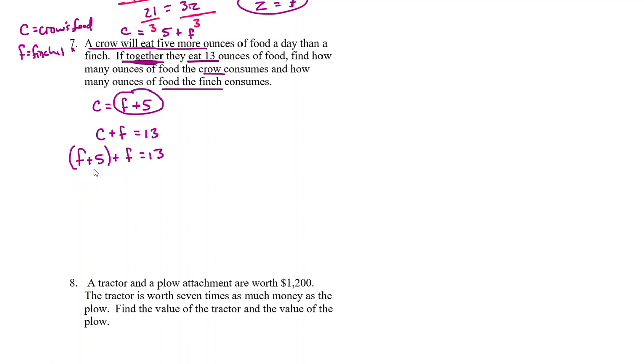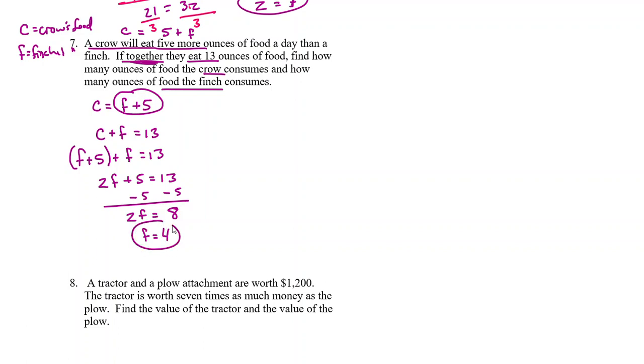Now, F plus 5 plus F is 2F plus 5. Hopefully you're fairly confident. Once you get the equation, you can solve it. Now we'll subtract 5 from both sides. 2F equals 8. So F equals, divide by 2, 4.